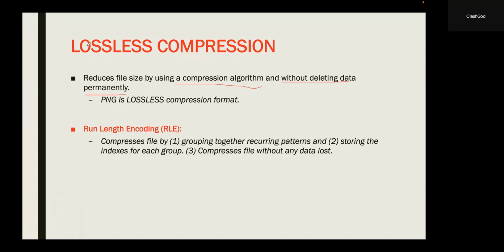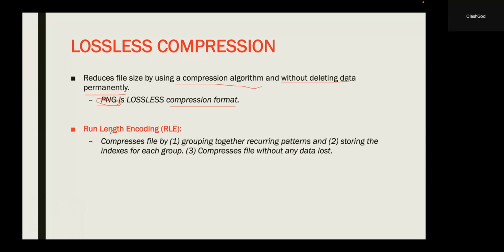But for now, just remember that when you use lossless compression, no data from the file is deleted permanently. It uses this thing called a compression algorithm. And PNG files are a type of lossless compression format. So if they ask you to give an example of lossless compression formats, just say PNG.